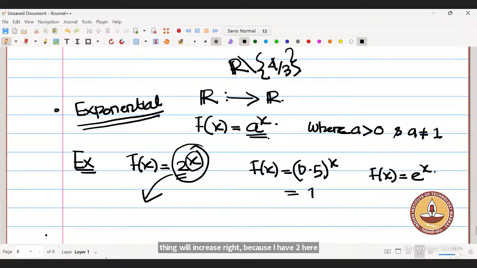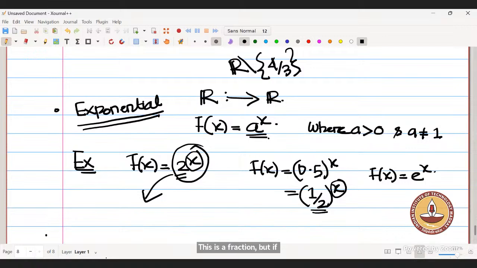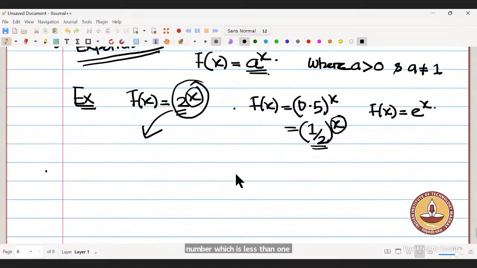But here this is nothing but 1 by 2 to the power x, so if I increase the value of x, the value of this function will decrease, because you have a number which is less than 1. This is a fraction. Even 4 by 3 is a fraction, but here I have a number less than 1, and if I increase the power of that number, then the whole number will decrease.